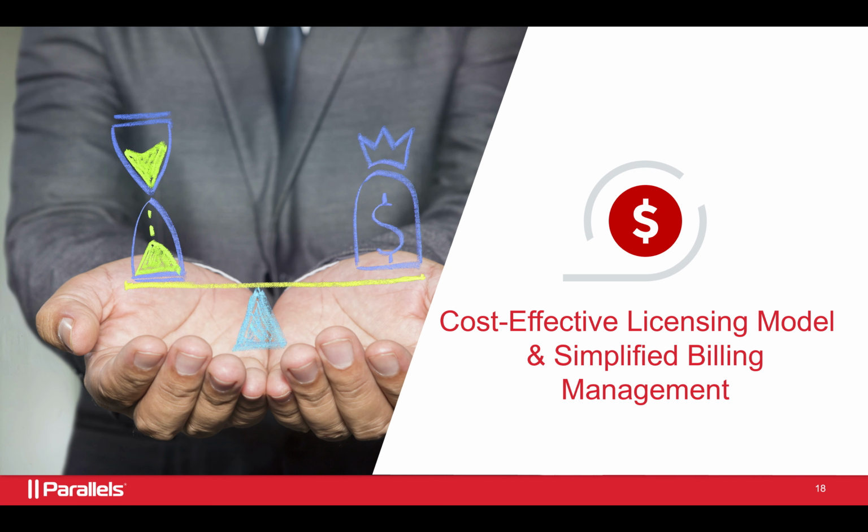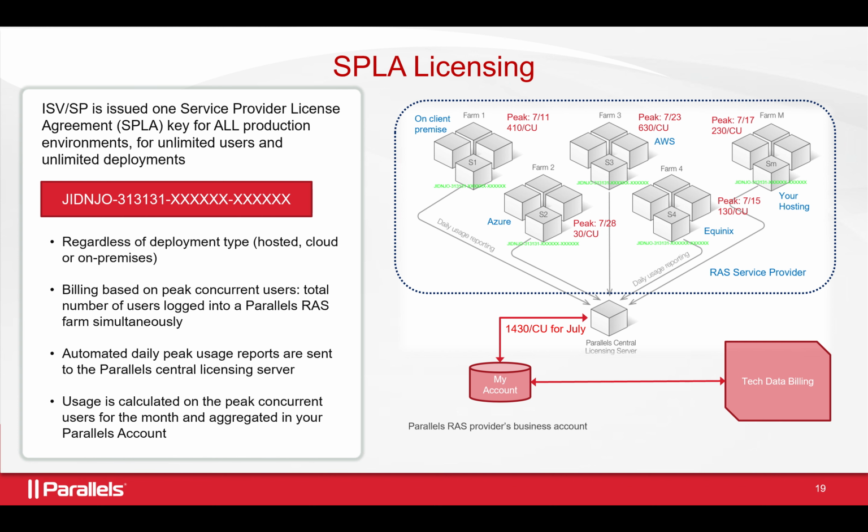So let's take a look at the cost of this solution and how we deploy it. If you're at all familiar with the Service Provider License Agreement program from Microsoft, you'll get this very quickly. We issue a single license key, and within that license key you can sub-license it as well.